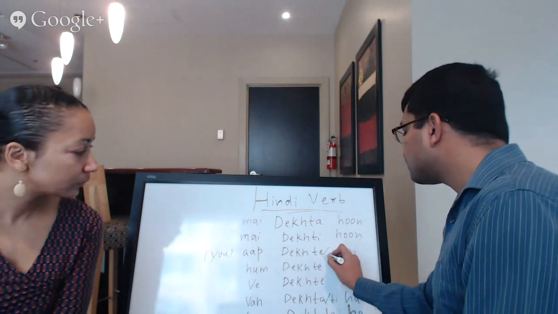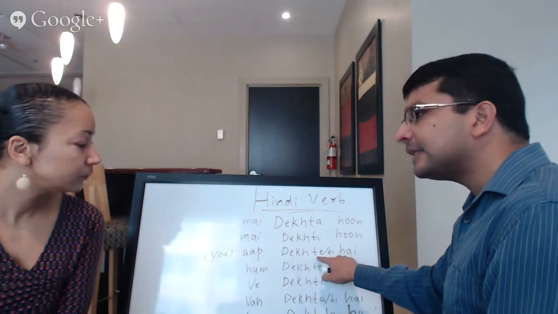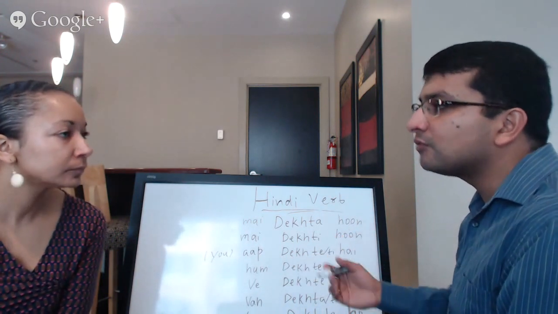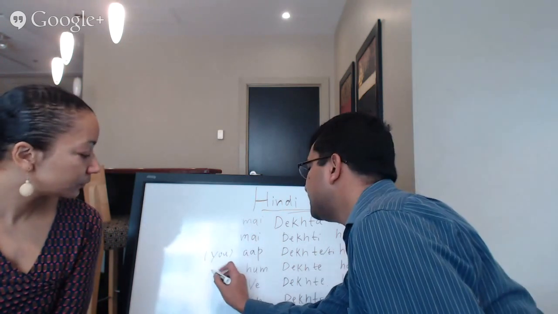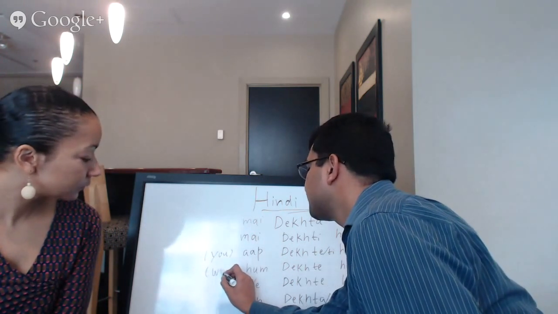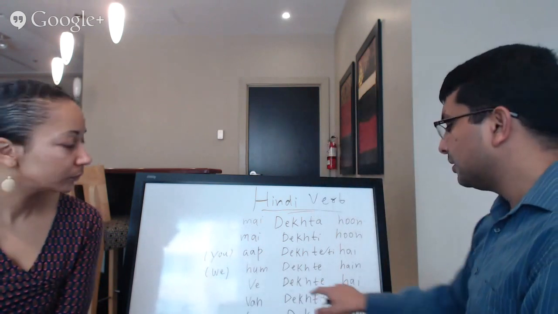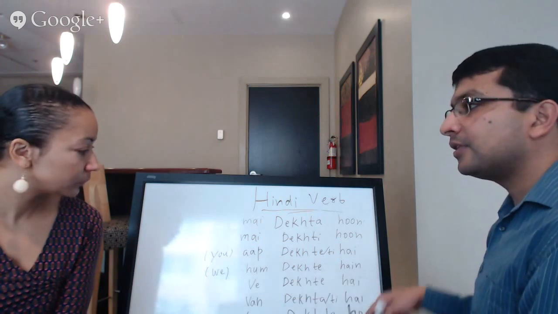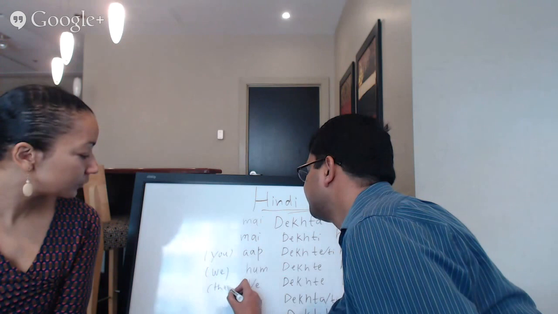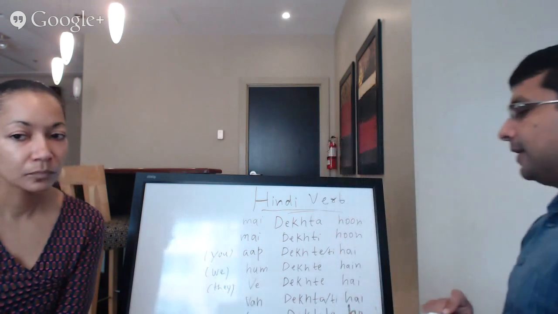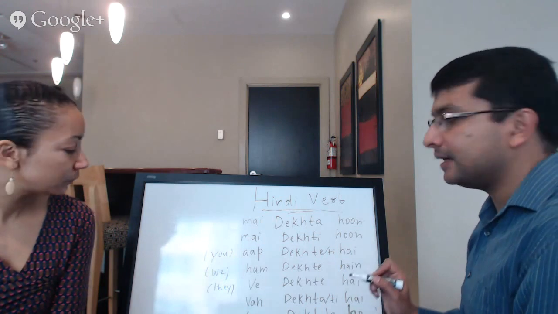Sometimes when you're referring to a lady you can say आप देखती हैं, but even if you're saying आप देखते हैं you are giving them respect, so it will not be an incorrect sentence. Okay, हम is we, हम देखते हैं we watch, वे देखते हैं they watch. And then वह देखता है और वह देखती है, he or she.